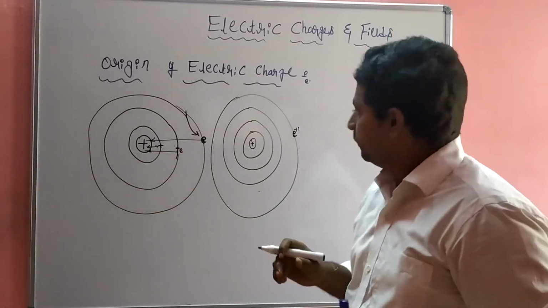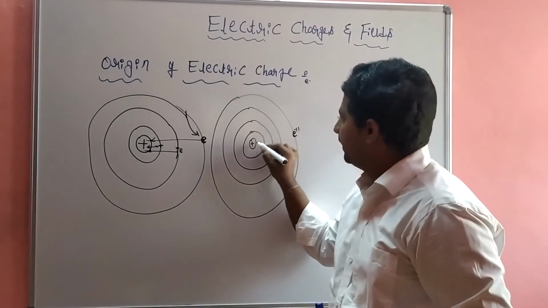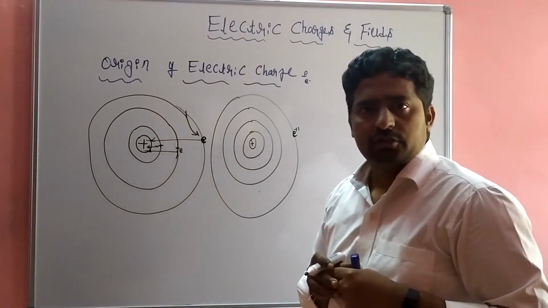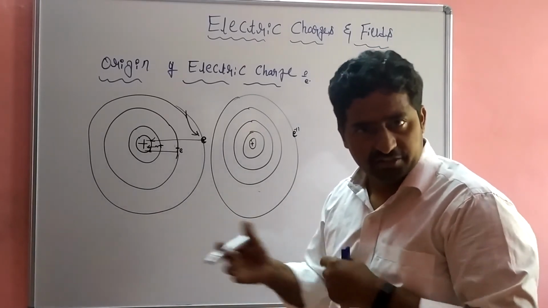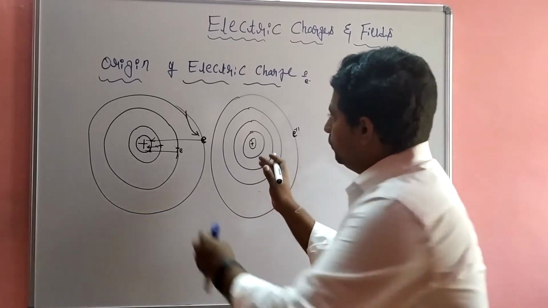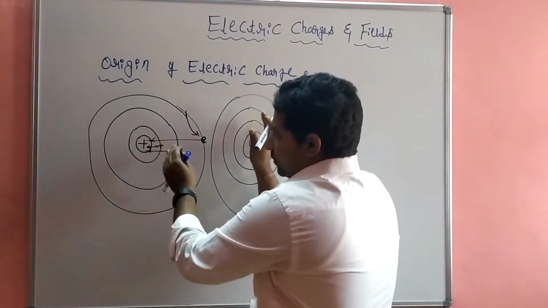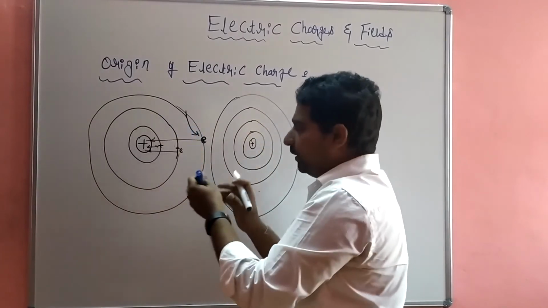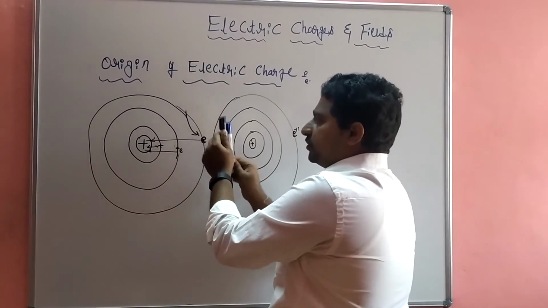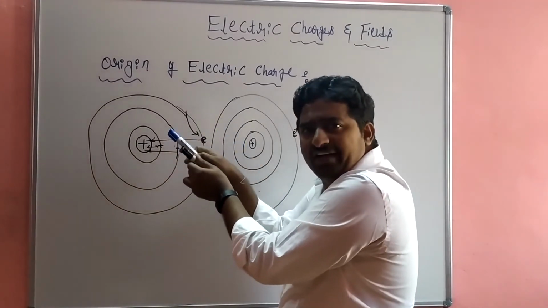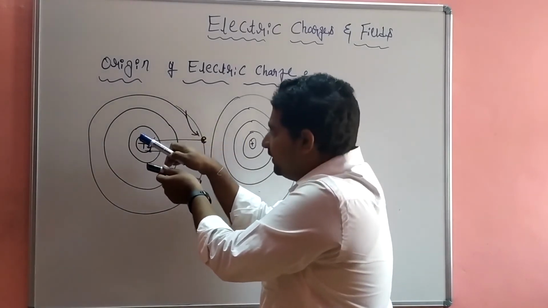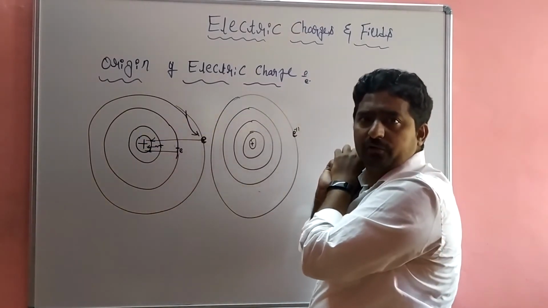From atom to atom, there are differences in this outermost electron. When these two atoms are rubbed with each other, some atoms, by their own property, easily lose the electron.